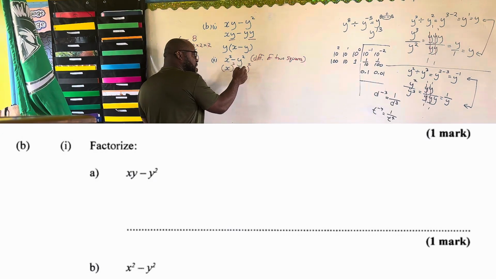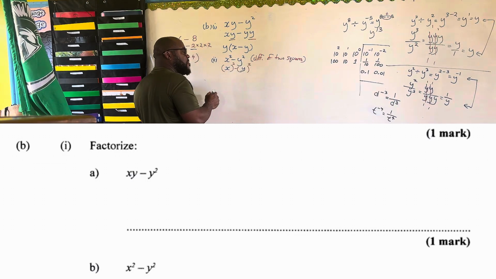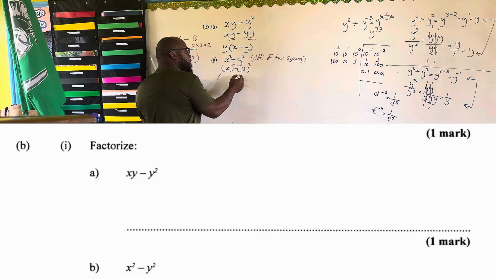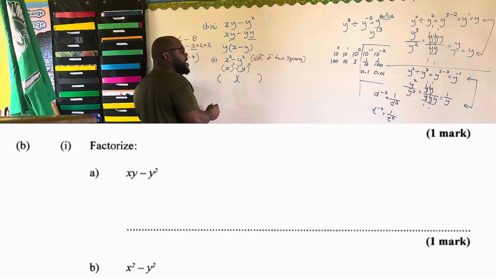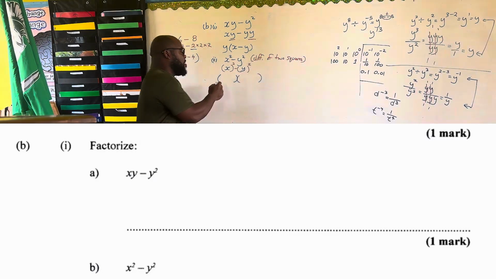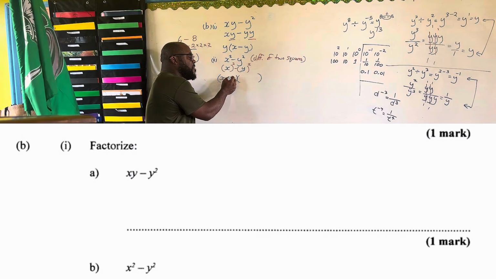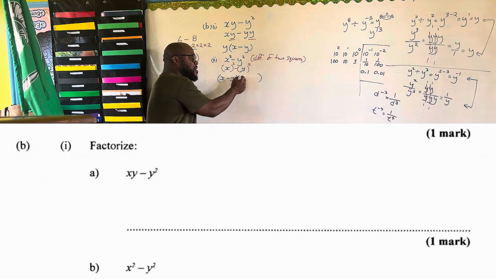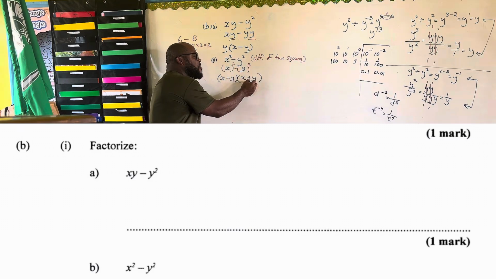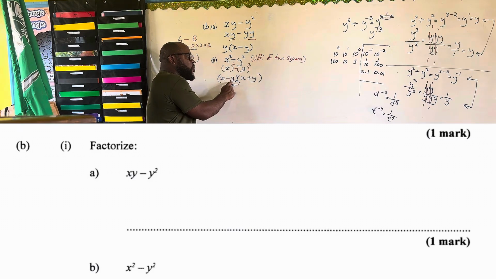What you put in here, you square it. So then, you are basically finished. x minus y. And it could be x plus 1, x minus 1.